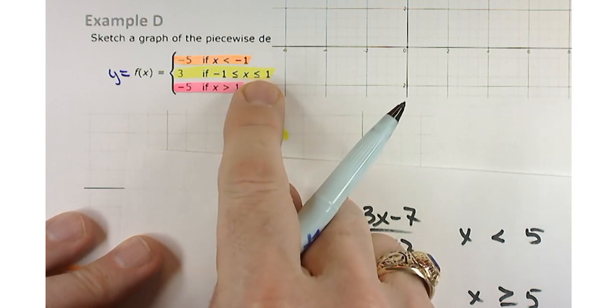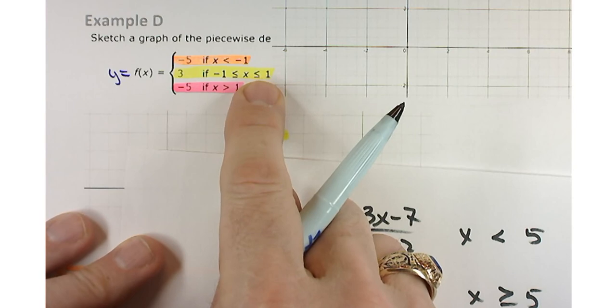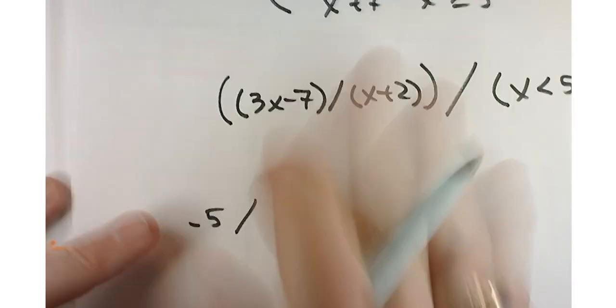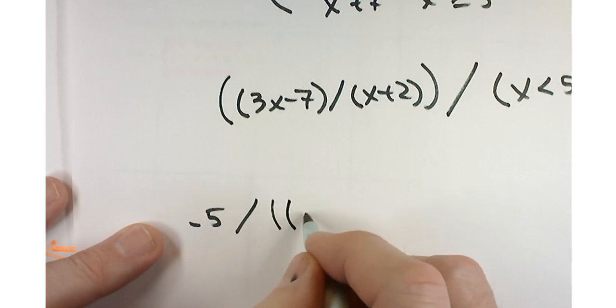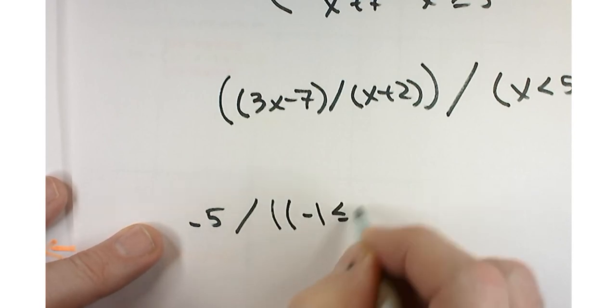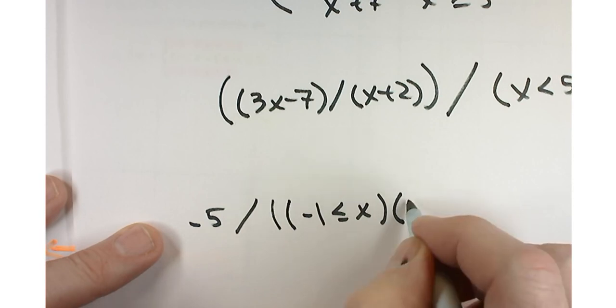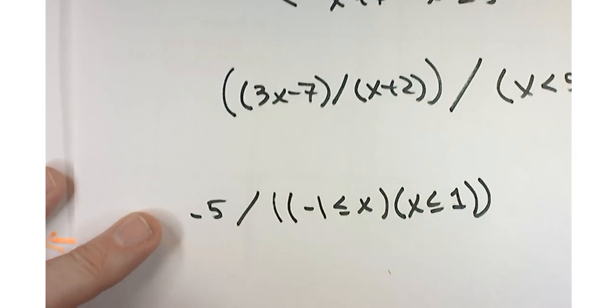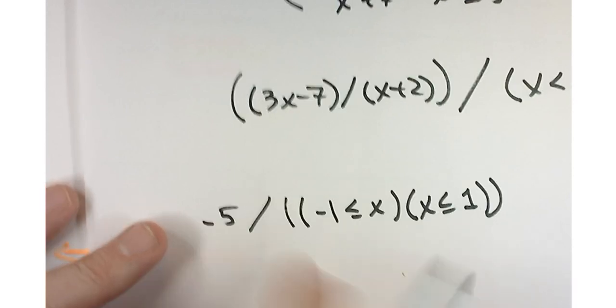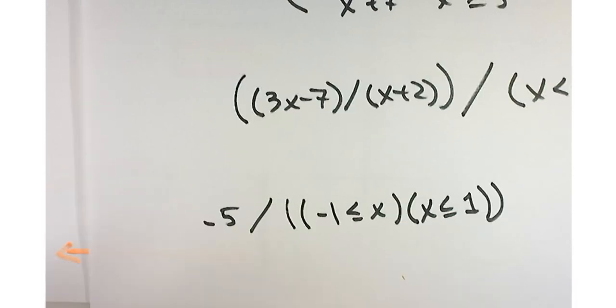Your graphing calculator won't understand it. Desmos will, but your graphing calculator won't. What you would have to do is divide by 2 sets of parentheses: -1 is less than or equal to x, and then another parenthesis, x is less than or equal to 1, and then 2 closing parentheses. It becomes kind of a pain. I don't like it. I think they could have done a better job with that, but that's just the way their calculators work. So just an FYI on that part of it.